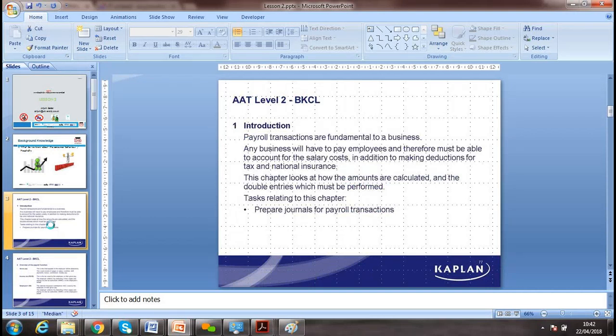What is meant by transactions? Transactions are basically the payments or the receivables made. Yes, it can be receivable, which is within our learning outcome, we are supposed to learn receivable.